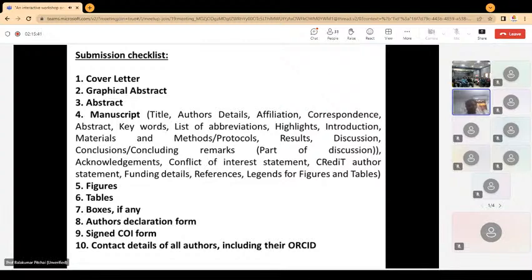If you get internal funding, then just say we are thankful for the internal seed grant, internal seed money, like that. And then references. I told you all the references that you cite in your manuscript should be from PubMed Medline. Don't cite any references other than PubMed Medline, because you are from a biomedical field.